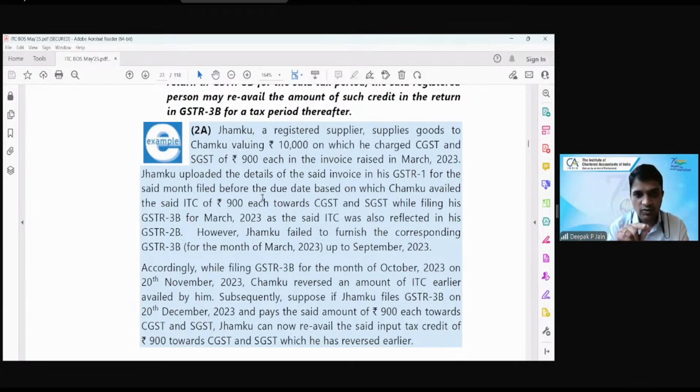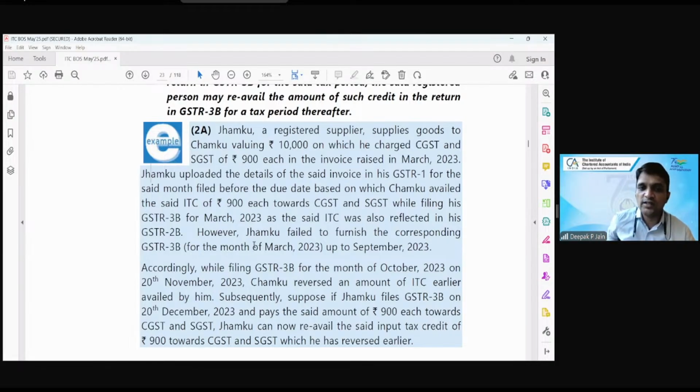If Jamku has supplied and reported it in his GSTR-1, the receiver Chamku can claim the credit. So for the said one, he has filed the return before the due date, based on which Chamku has availed the said ITC of 900 each. He's availed it in the same month of March, as the said ITC was reflected in his 2B.